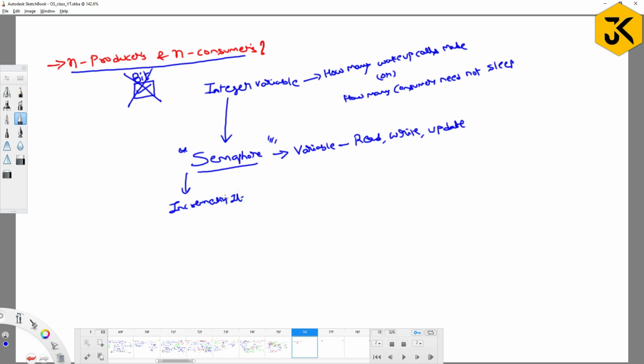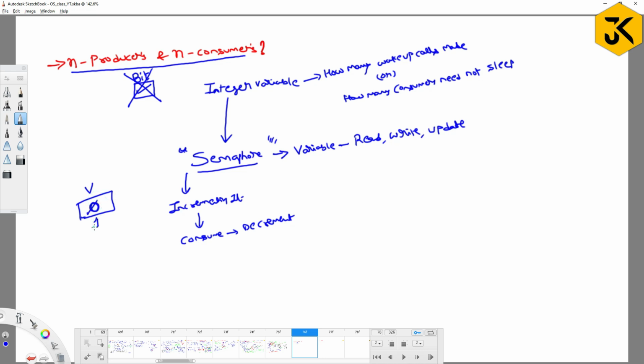Whenever any consumer tries to go for sleep, it will consume one wake up call, decrement the value, and do its task. Observe, if the semaphore variable v contains 0, it means there are no wake up calls, so I can freely go for sleep.